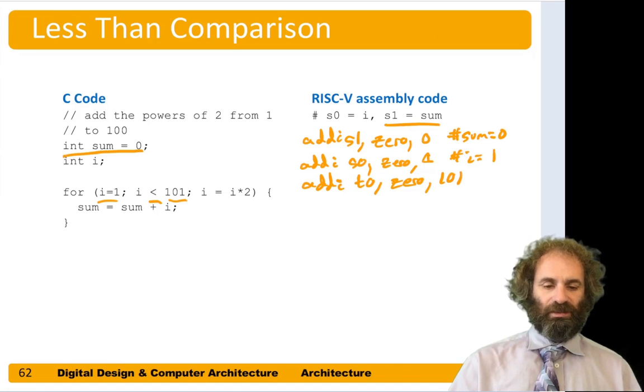Now we have our for loop, and we start by checking the condition. So if I is less than 101, we want to do the body, so the opposite condition is greater than or equal to. So we'll do a branch on greater than or equal to, comparing I to 101.